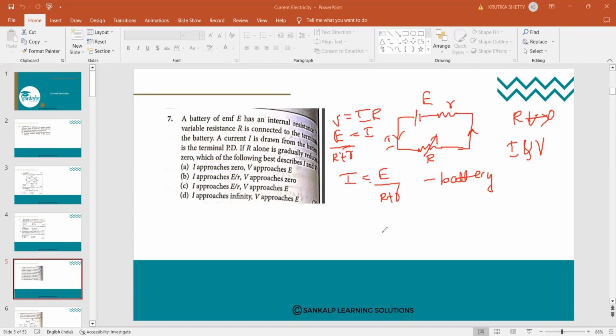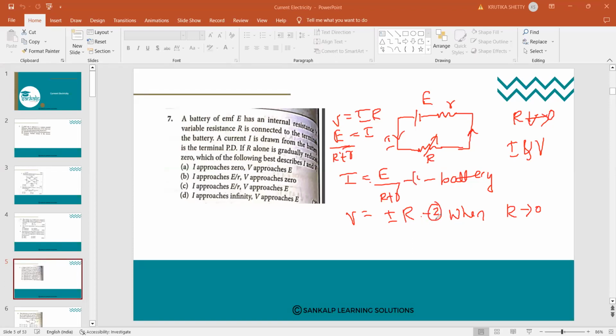The terminal potential difference is given by V is equal to I into R. When your R approaches zero, look at equation 2 and equation 1.